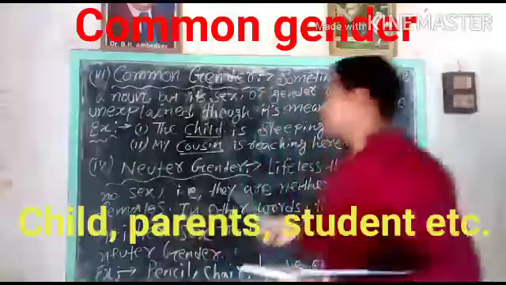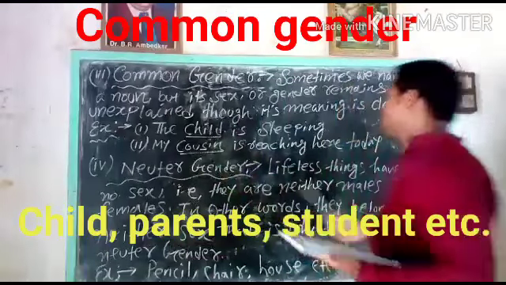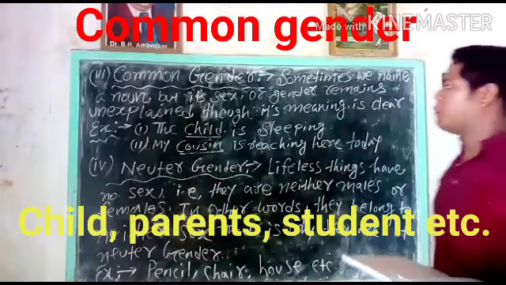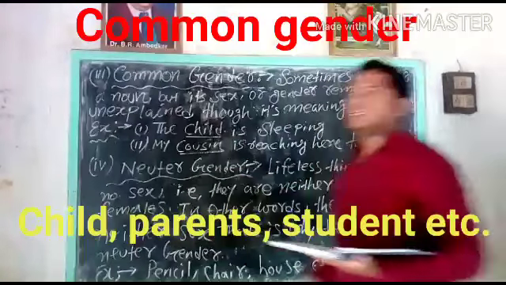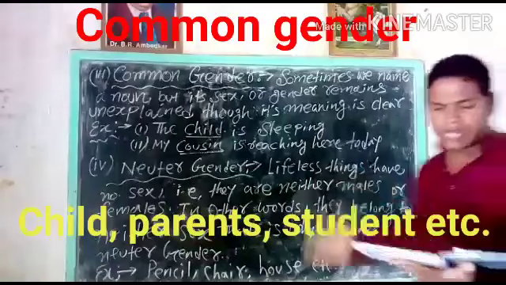So once again, the child is sleeping. Next example, my cousin is reaching here today. Why are these examples of common gender?